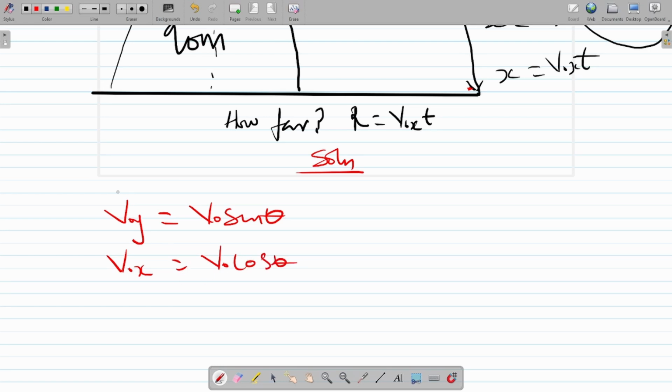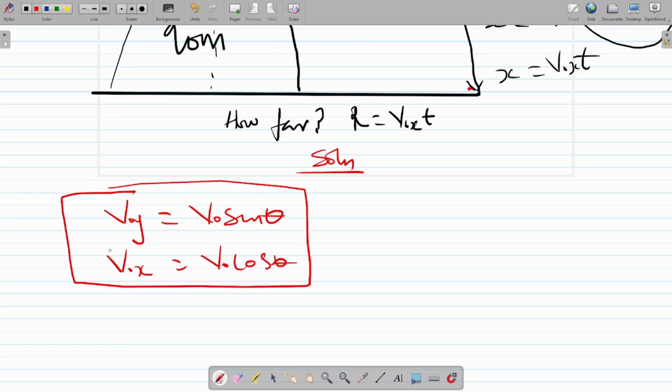In other words, these are very important formulas that you need to know when it comes to breaking velocities into their respective components. Right here, we have that the initial velocity in the y, this means v naught y, means initial velocity in the y direction is equal to v naught sine theta. And the initial velocity in the x direction is v naught cos theta.